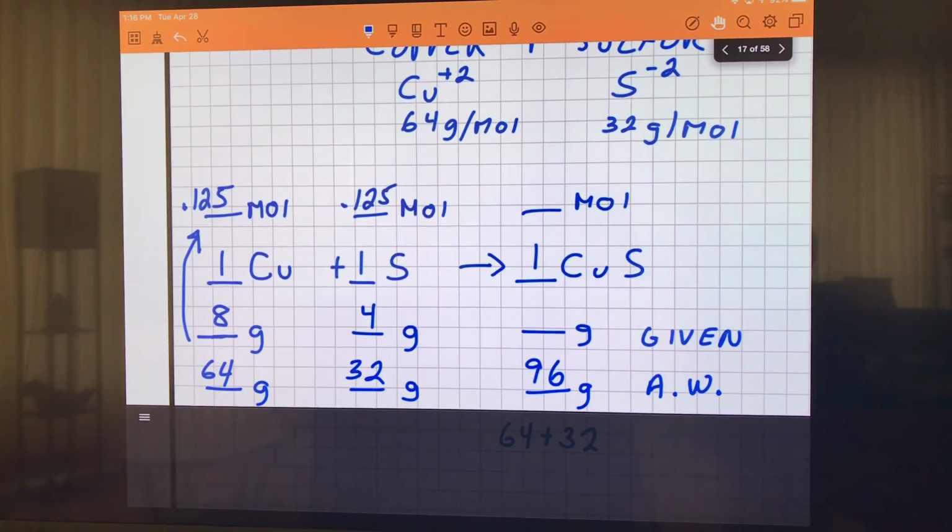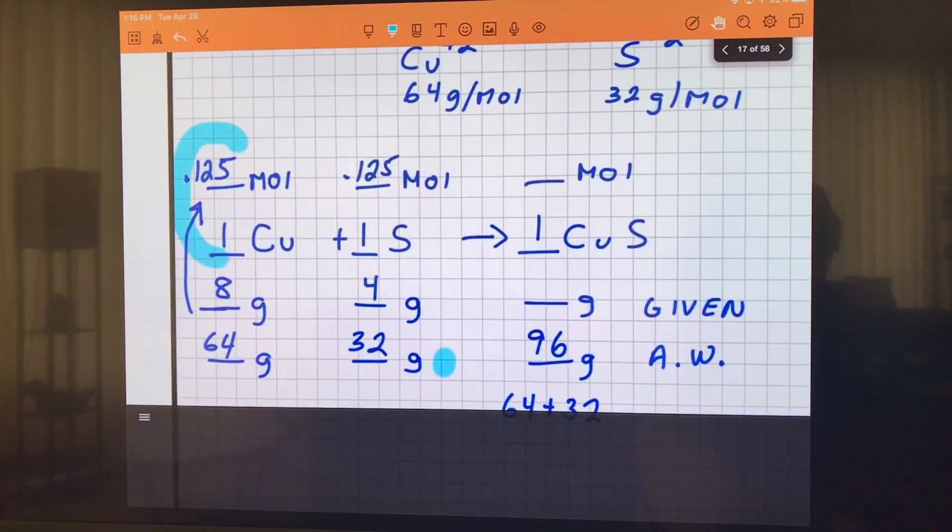All right, the next step is I need to do figuring out the limiting reactant, which is step 10. So over here, I want to look at that and that. I want to do those 2 division problems. So 0.125 divided by 1, and the other one, 0.125 divided by 1.